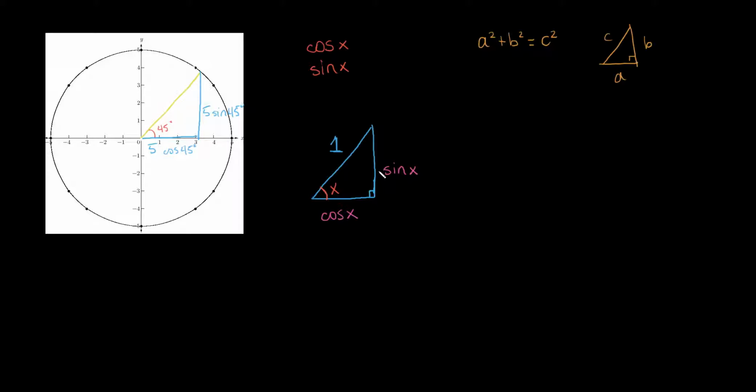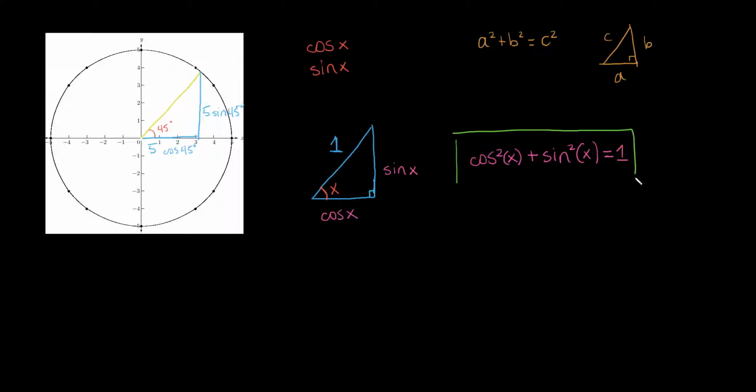And if we were to just apply the Pythagorean theorem, we would find that the cosine squared of x, meaning the cosine of x squared, plus the sine squared of x, will always equal 1, regardless of the x position.